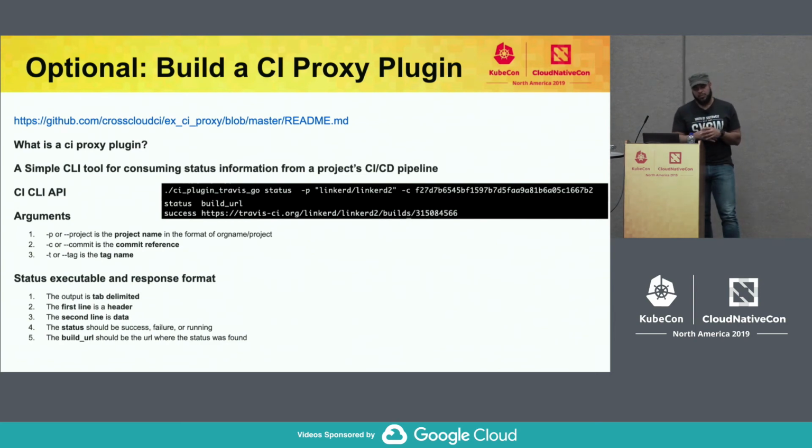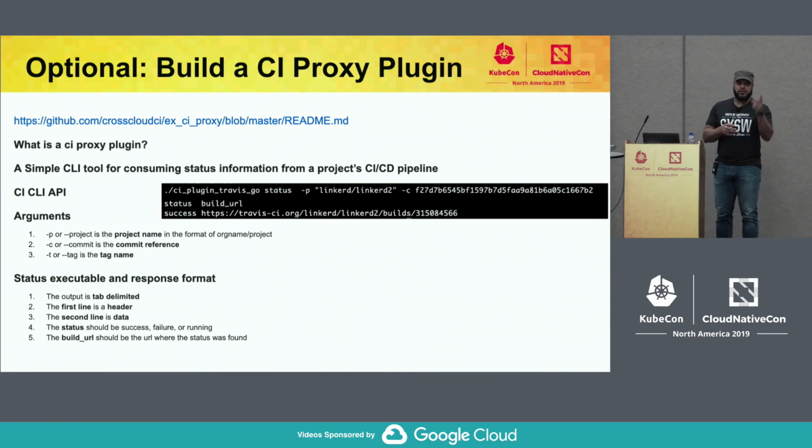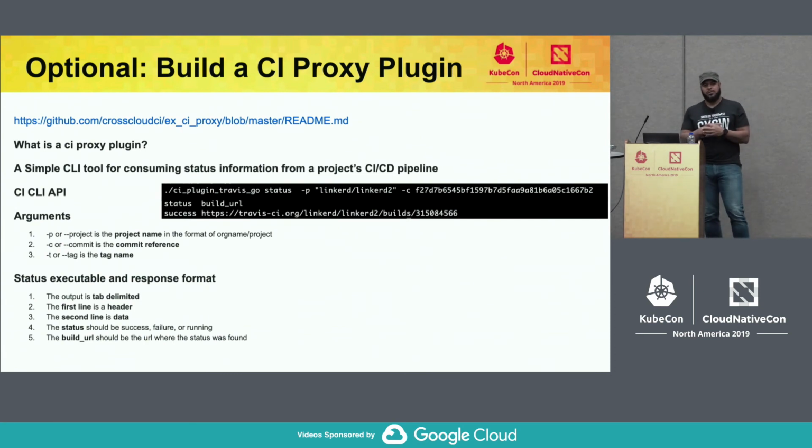So what is a CI proxy plugin? It's a simple CLI tool, like what we were talking about earlier, consuming status information from a project's CI/CD pipeline. We try to make the API as simple as possible. It's going to be -P for the project, which is the identifier in that CI/CD tool, then -C for the commit reference, and -T for the tag name.